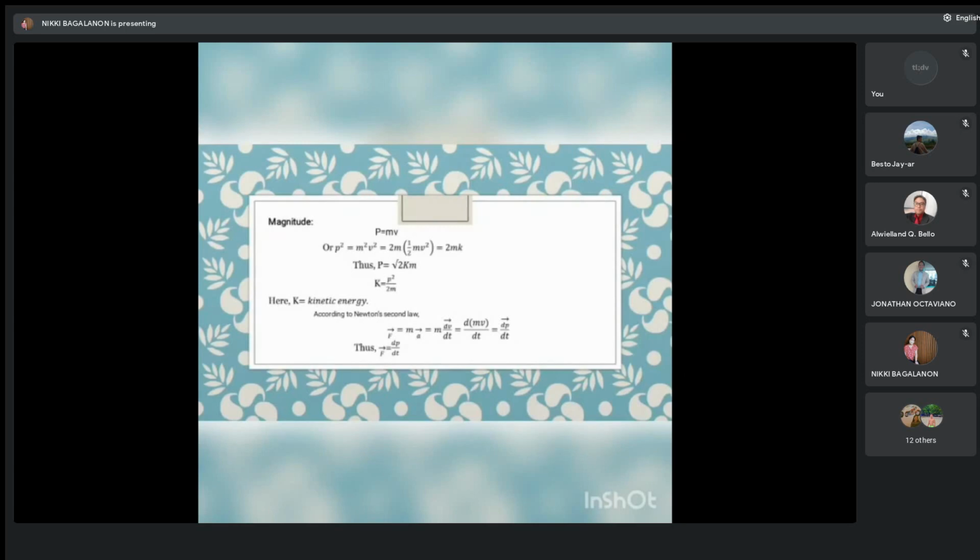Thus, P = square root of 2Km, and K = P² divided by 2m. Here, K equals kinetic energy.